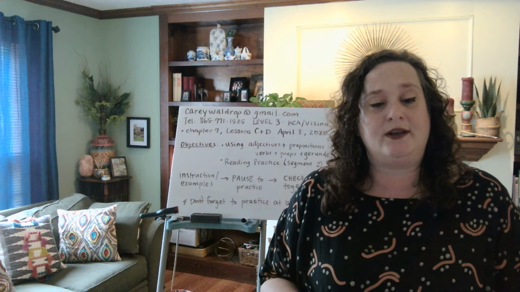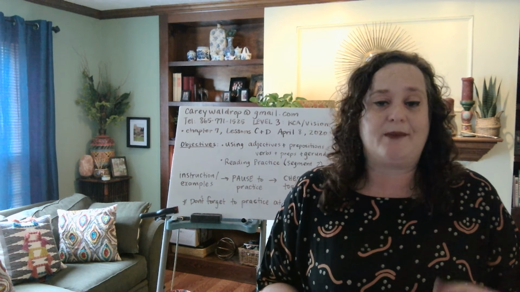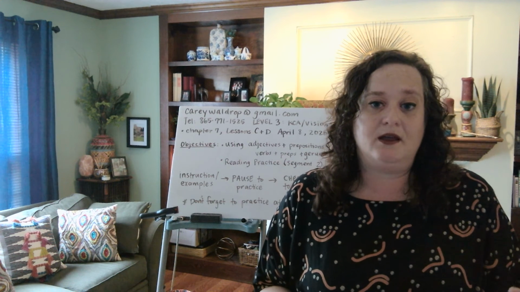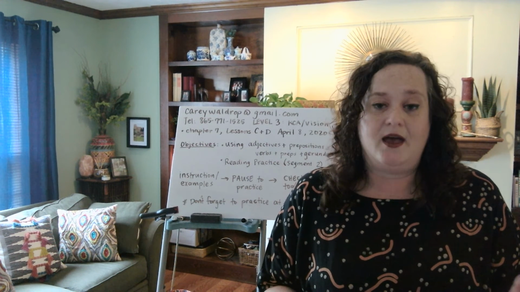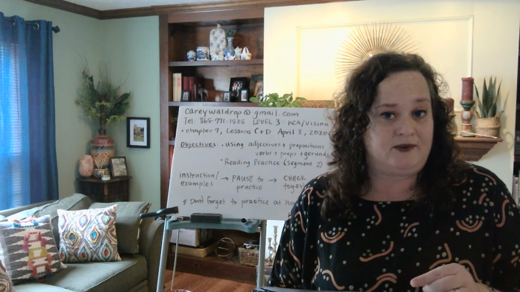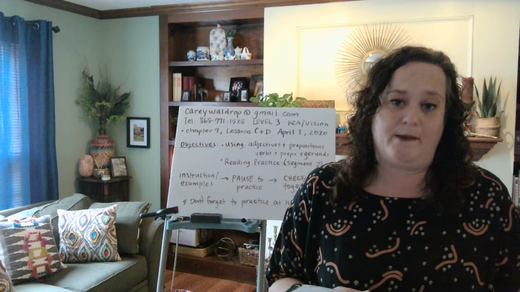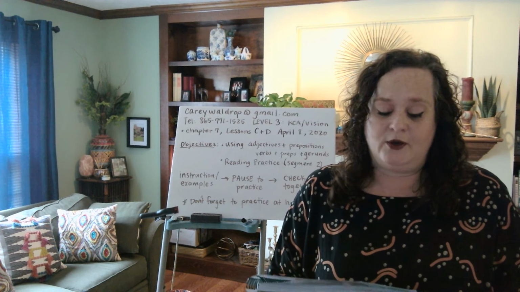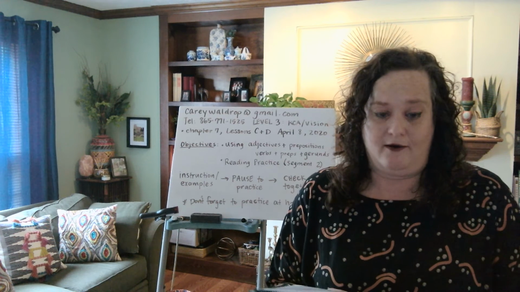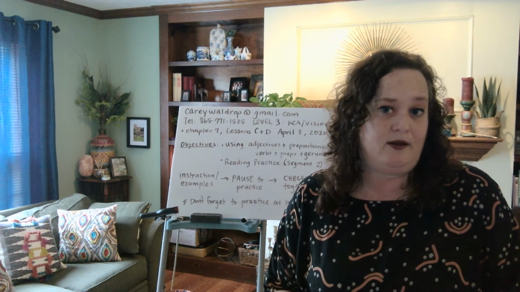Now, if you notice the orange box below, these are some of the most common combinations. Some of them are adjectives with prepositions, and some of them are verbs with prepositions. So let's point out afraid of. What is afraid? Adjective or verb?